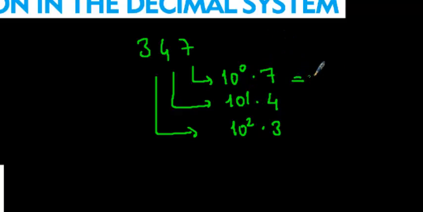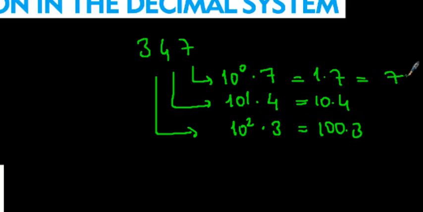And let's write the results here. You know 10 to the power of 0 is equal to 1, 1 times 7, 10 to the power of 1 is equal to 10, 10 times 4, and 10 to the power of 2 is equal to 100, 100 times 3.